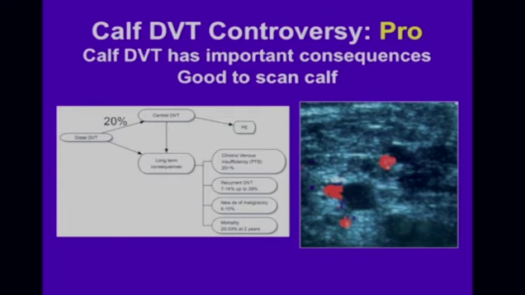Now, for those of us who feel that DVT should be evaluated, it's because there are important consequences. I mentioned before that 20% will develop femoral popliteal DVT, but chronic venous insufficiency can also occur after calf DVT. DVT may put patients at slightly higher risk for a new episode of DVT. Some patients with calf DVT may also develop malignancy after the study is performed, and the mortality if you have bilateral calf DVT is higher than in patients without DVT.